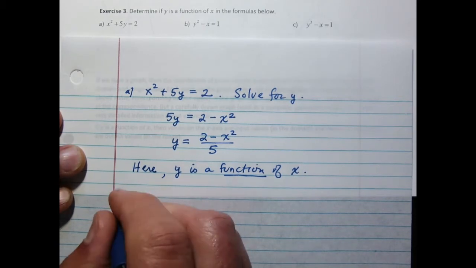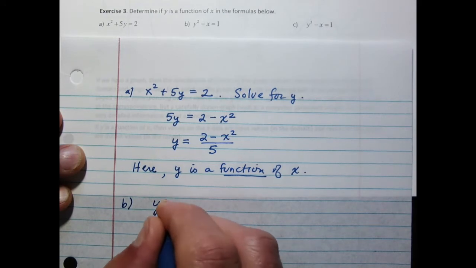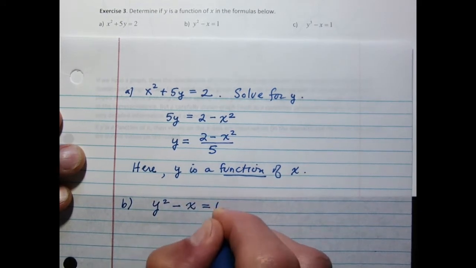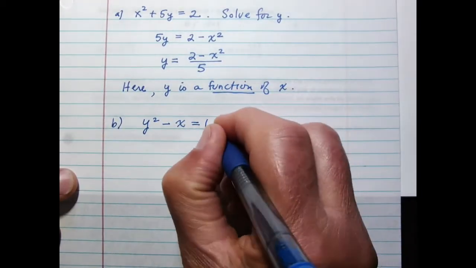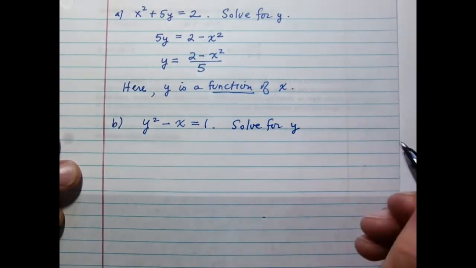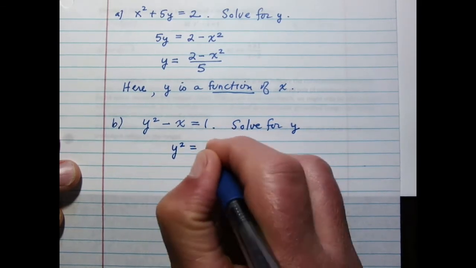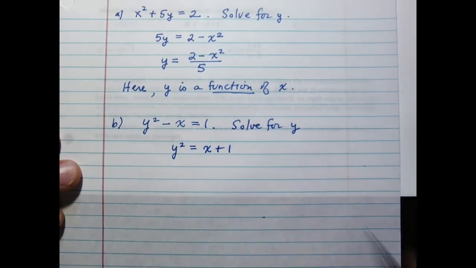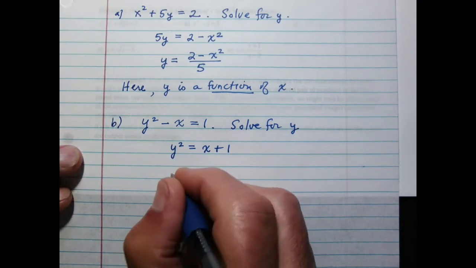Let's look at part B. B is y squared minus x equals 1. Now, again, we want to solve for y. And let's see, add x to both sides. I have y squared equals x plus 1, or 1 plus x, either way is fine. Now to solve for y here, I have to take square roots.